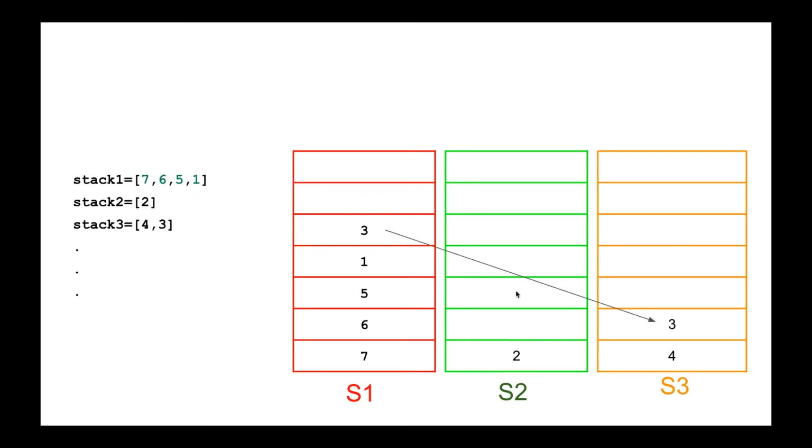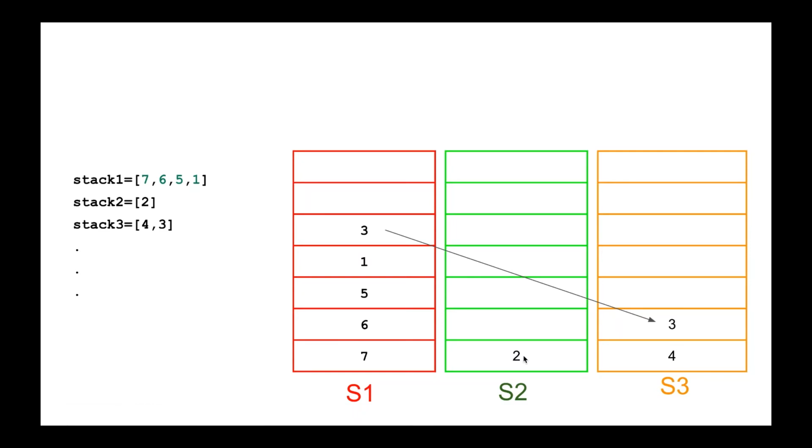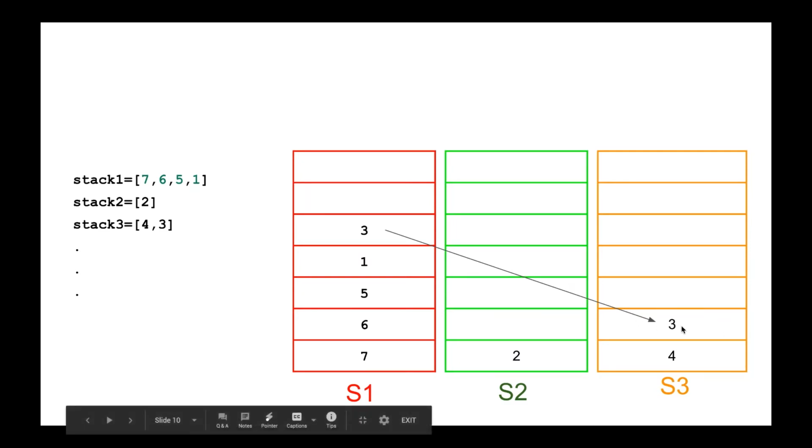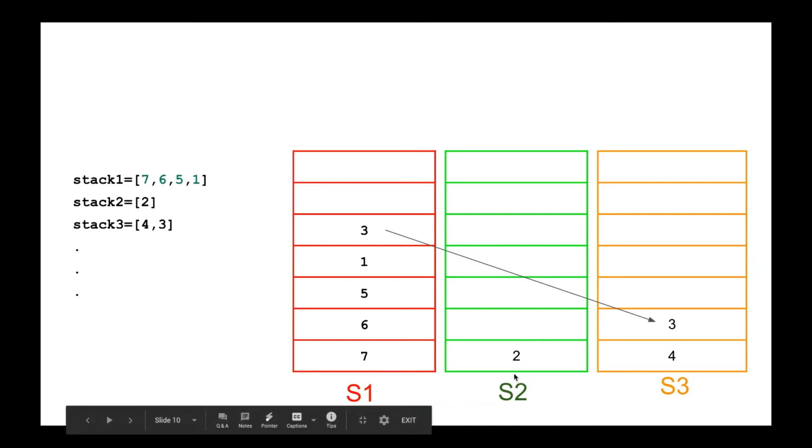we push 3 in S3, so I push 3 in S3 because we have 4 here and we have 2, and it is more convenient for us to put the smaller item at the top of the stack, as the last element. But we can see now that 2 is accessible. Also 1 is accessible.